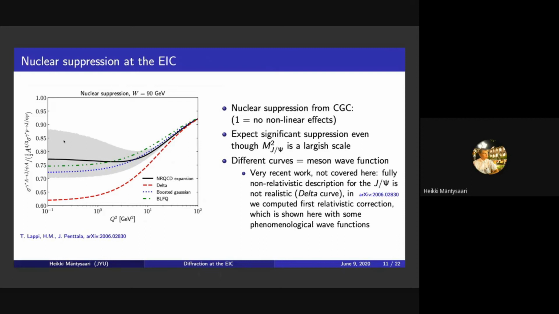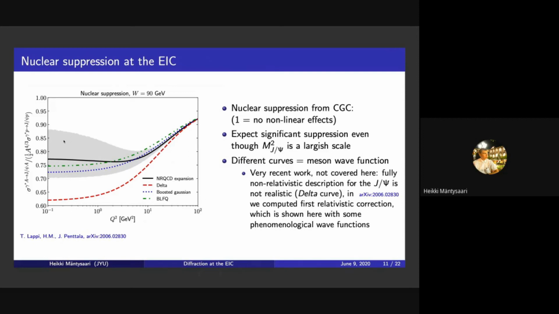So there are 2 parameters that are long distance NRQCD matrix elements, and these are determined by the decay width data.